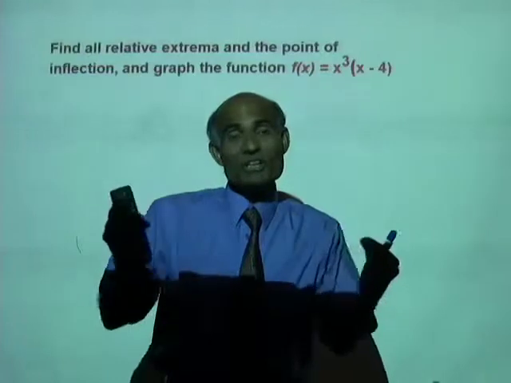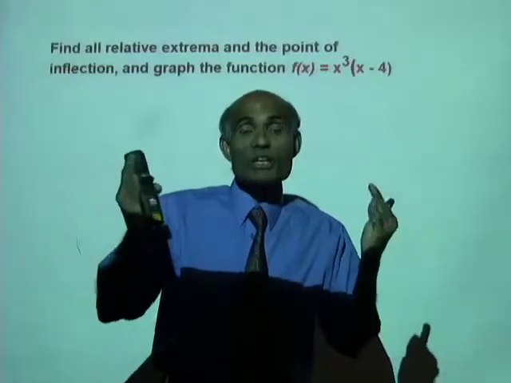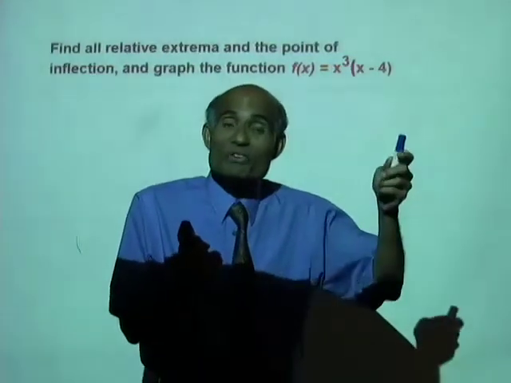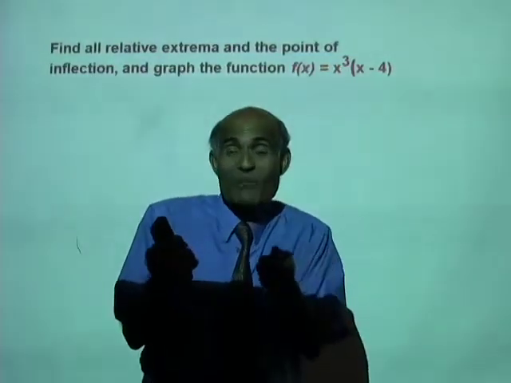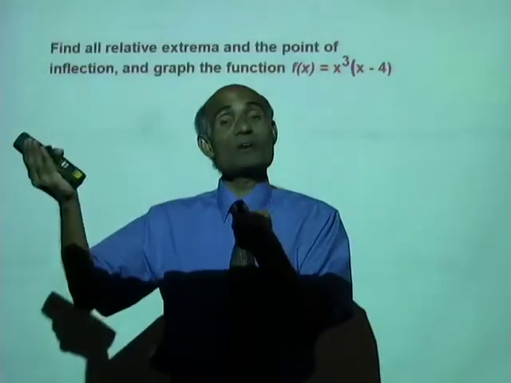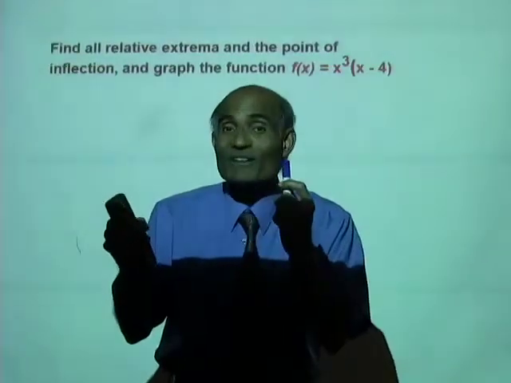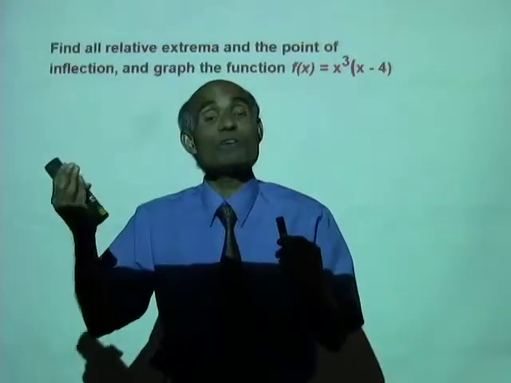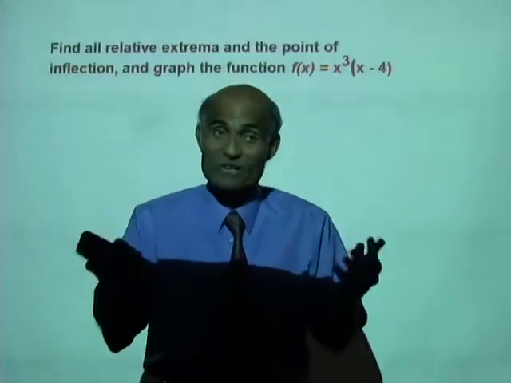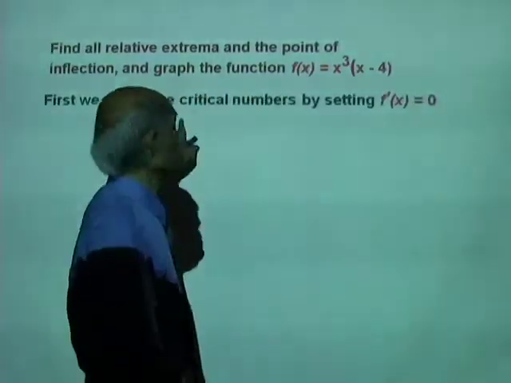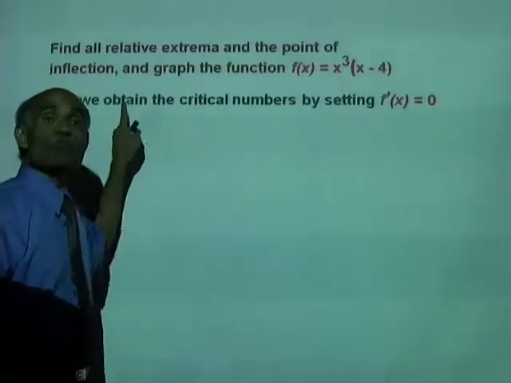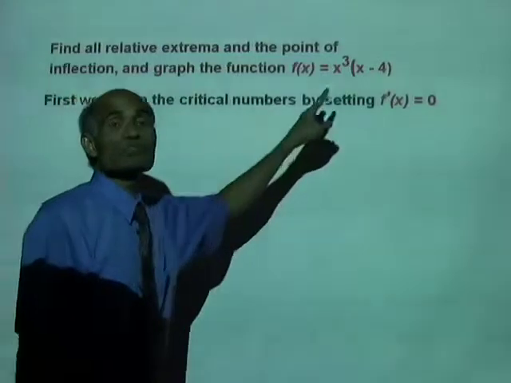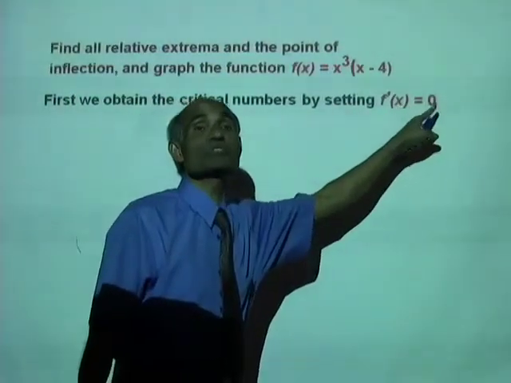We divide the domain into certain intervals and determine whether the graph of the function is concave up or concave down, depending on whether the second derivative is positive or negative. Now, these are the things that we are going to do. Therefore, we start by doing first the critical numbers. We obtain the critical numbers by setting the first derivative to 0.